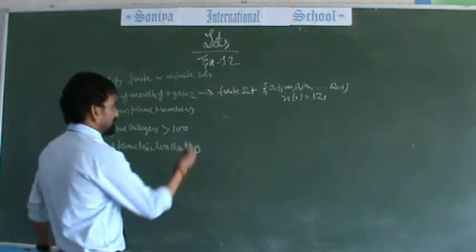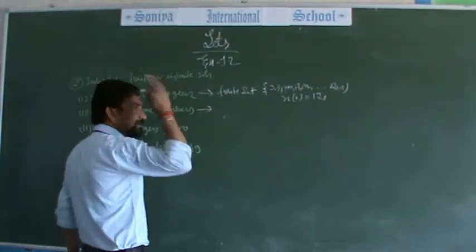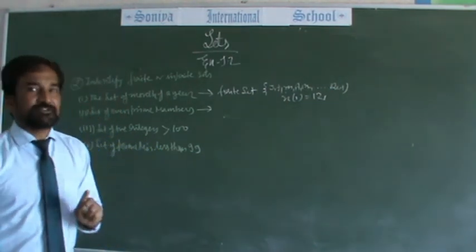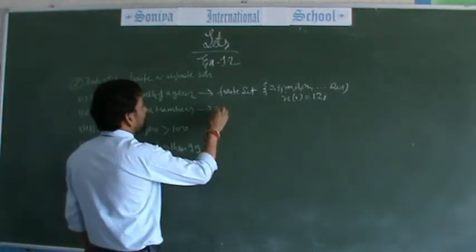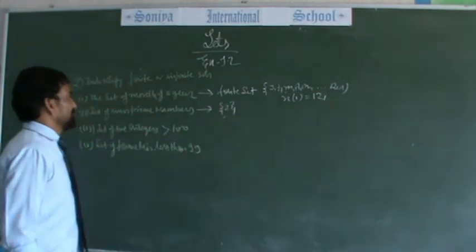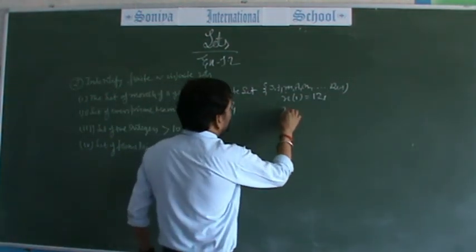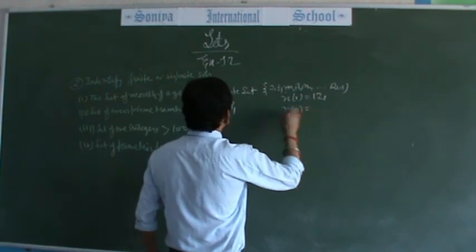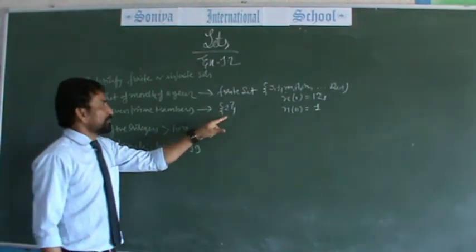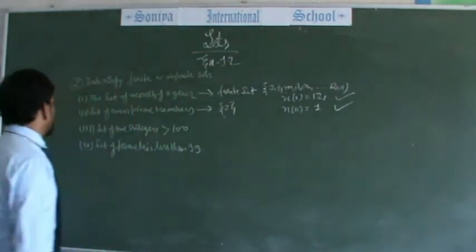Set of even prime numbers: as in question number 1, I explained this one. There are infinitely many prime numbers. Among all the prime numbers, there is only one prime number which is even, and that is 2. So it has one element, that is 2. The cardinal number for set 2 is equal to 1. The number of elements is known, so both are examples of finite sets, 1 as well as 2.